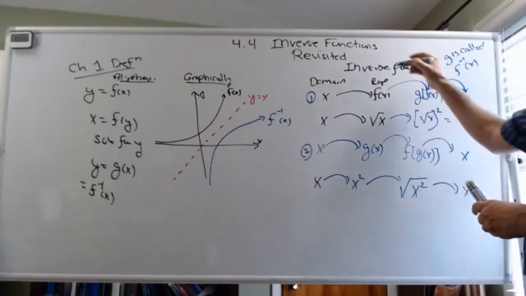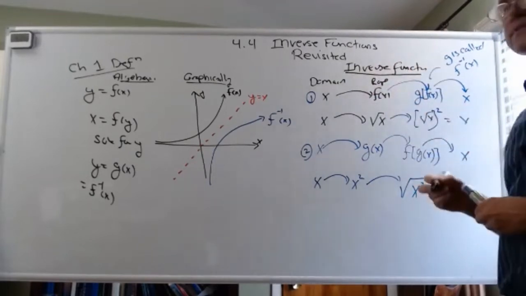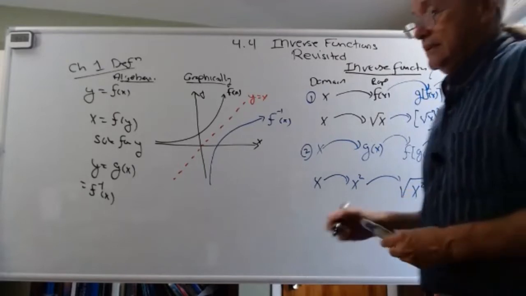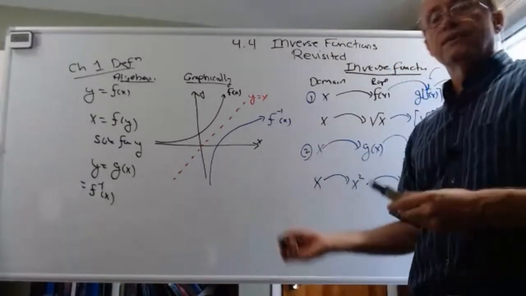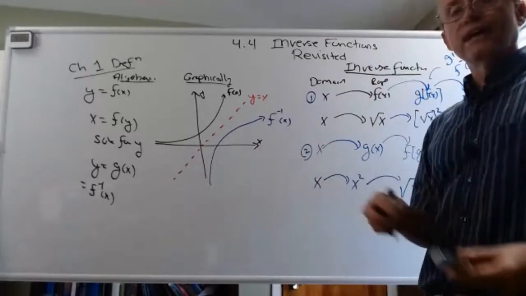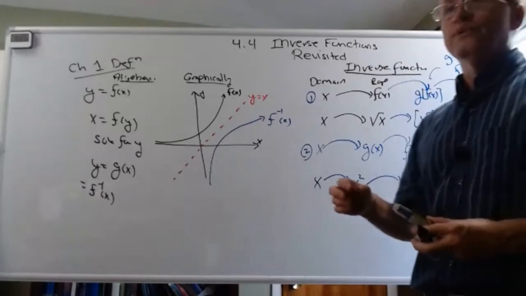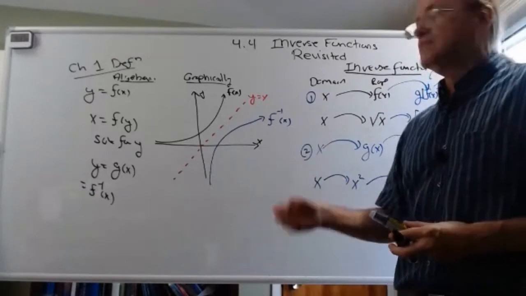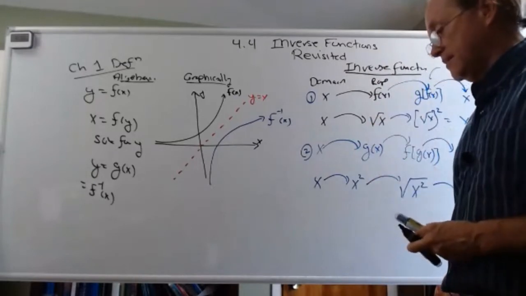But that's the idea behind an inverse function. It undoes a function. Just like in arithmetic, multiplication undoes division, addition undoes subtraction, and vice versa. You can do the opposite and undo the other one. We call that the additive inverse. Well, these are inverse functions. It follows the same general idea.